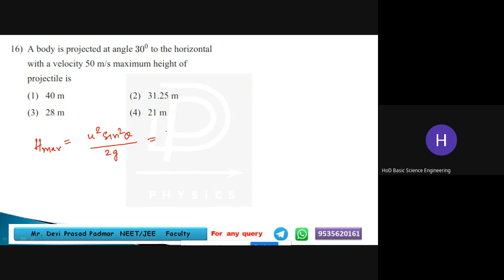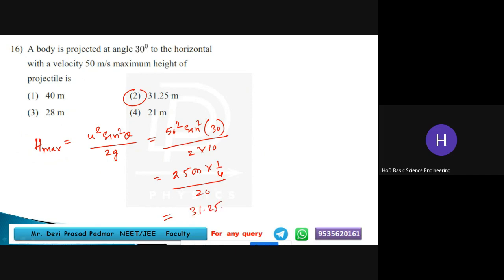So 50 square sine square 30 divided by 2 into 10, you can consider. So 2500 into 1 by 4 divided by 20. If you simplify, which option do you get? Second option you must get. Simple calculation, you can do that.